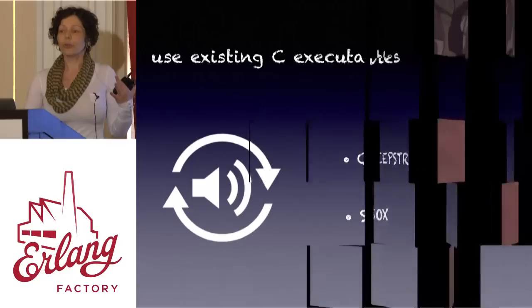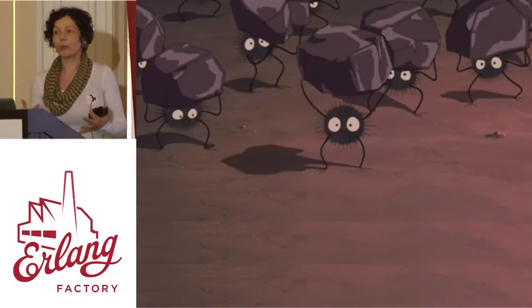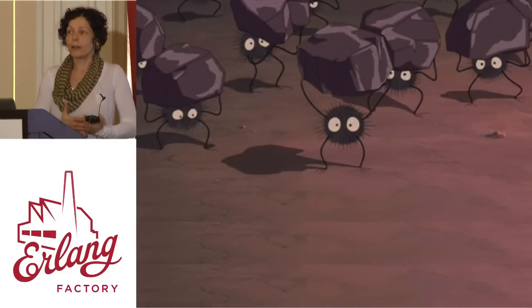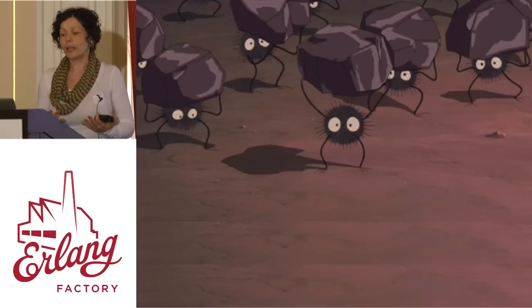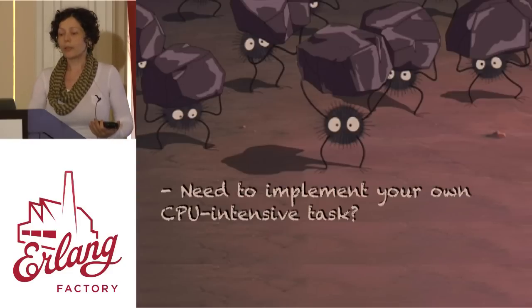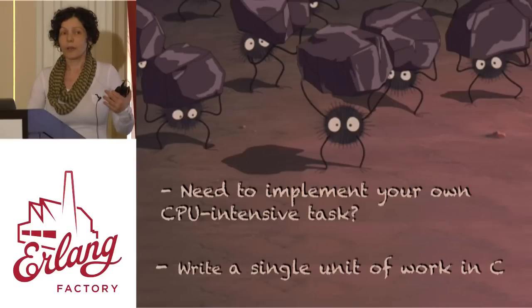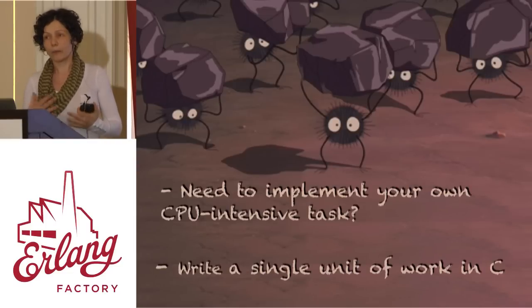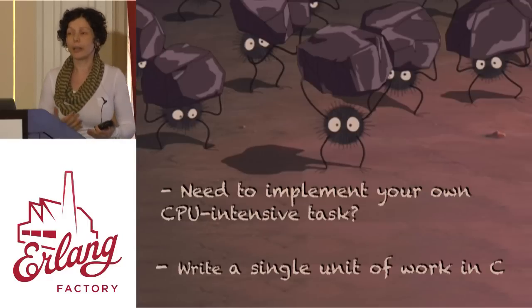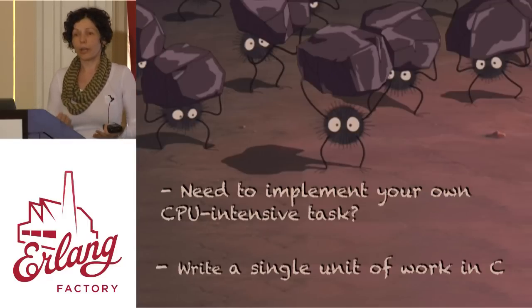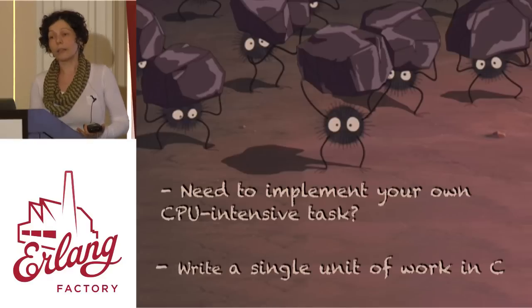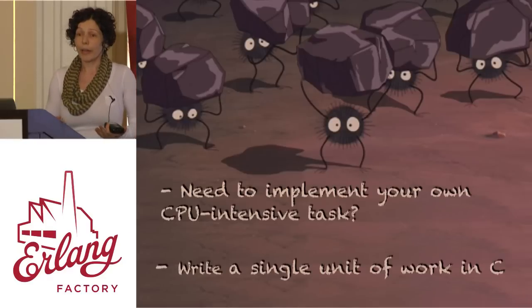However, if in your situation you need to run some kind of computationally intensive task and you need to write your own, it is a good idea to write it as a single unit of code in C, because running computationally intensive tasks and manipulating large data structures in Erlang is not such a great idea, considering that data structures are immutable in Erlang.